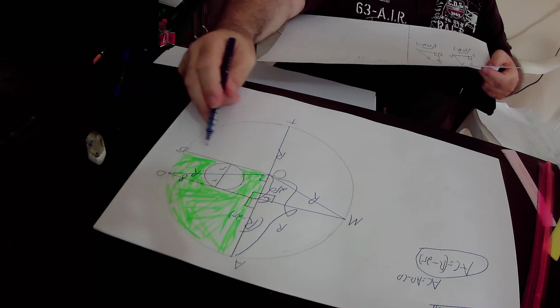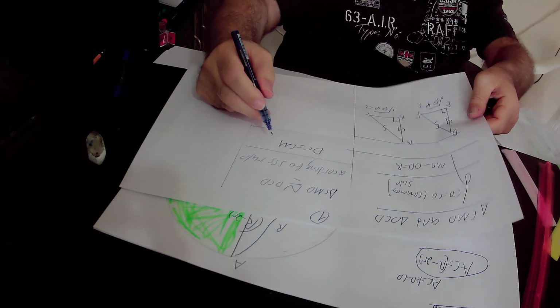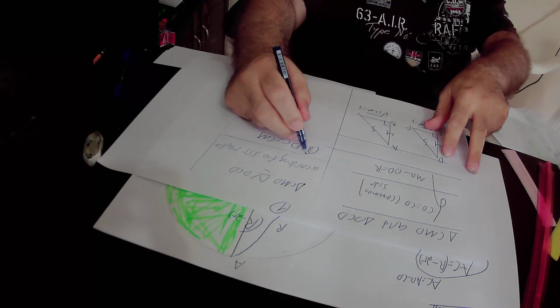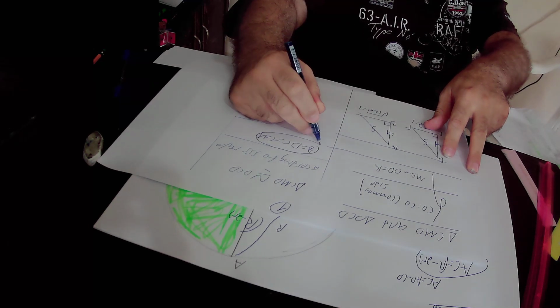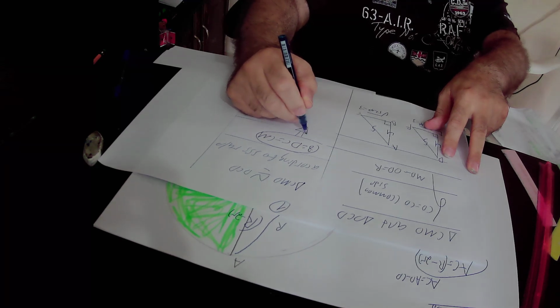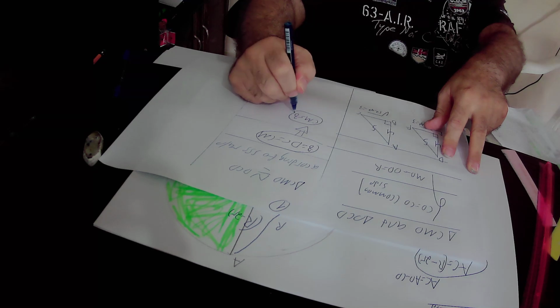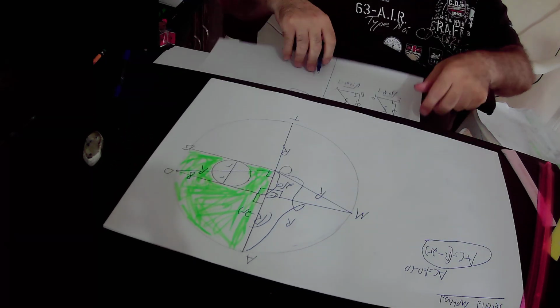But it is given in the question that DC equals 8 units. And from this equation, 8 equals DC equals CM, we will derive that CM is also equal to 8 units. CM equals 8 units.